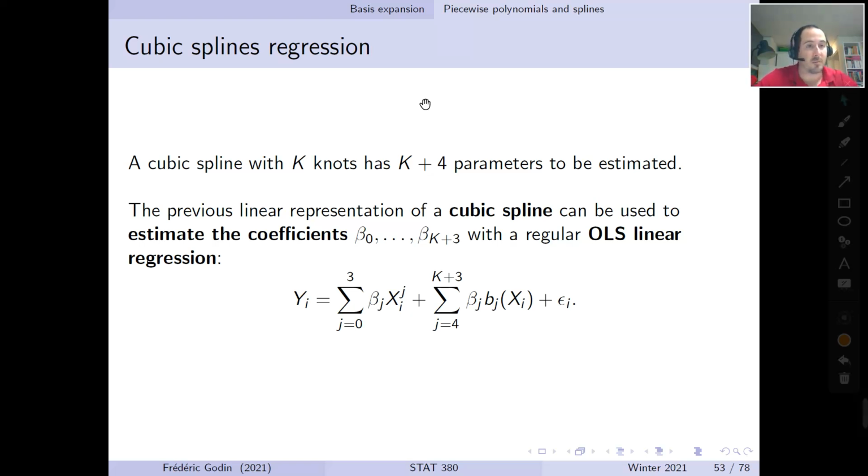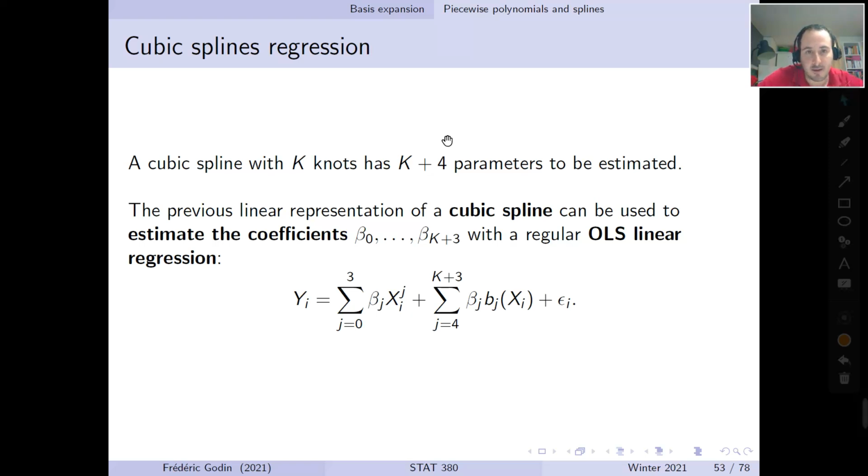So you have 4 parameters for the first interval, and then for the remaining K subintervals, you have exactly one parameter which varies freely, which is beta associated to x to the power 3. So in total, you have K plus 4 parameters to be estimated.